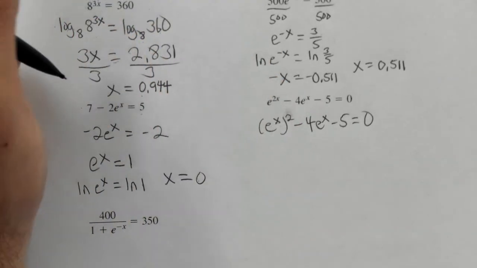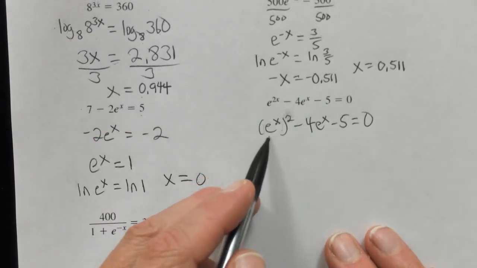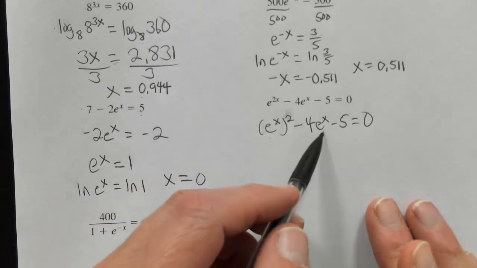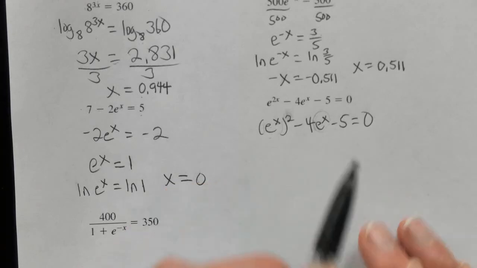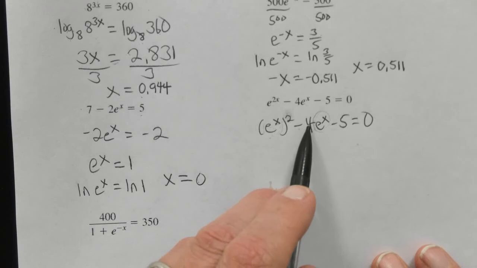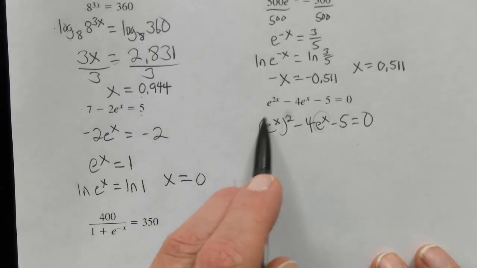Now, back to the question, why did I write it like this? Because now e to the x can be considered as one variable, and this other term is also in e to the x, right? So I've got e to the x squared minus 4e to the x minus 5 equals 0. Think about this e to the x.